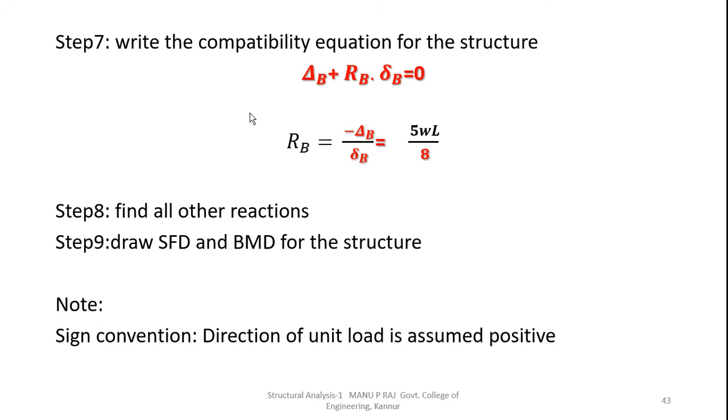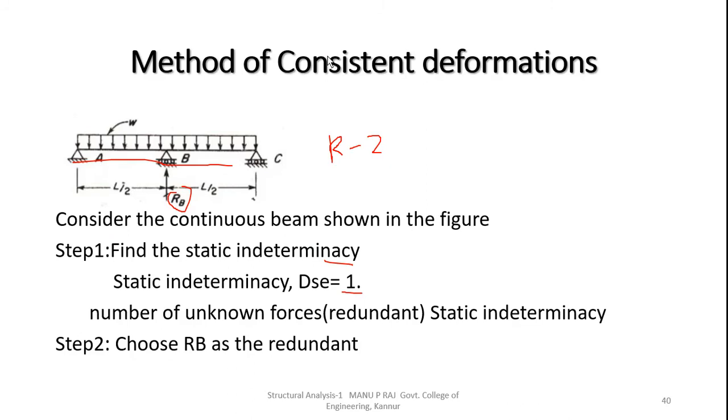Now write the compatibility equation for the structure. Compatibility equation means equations involving deflection or slope. The compatibility equation for this structure, at the support B, at the point B: there is a roller support, so the net deflection at B in the downward direction will be 0.